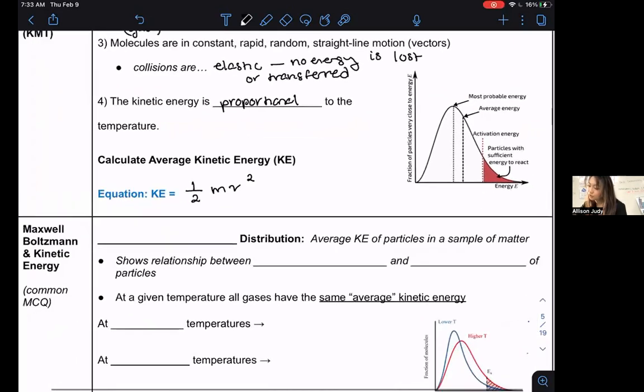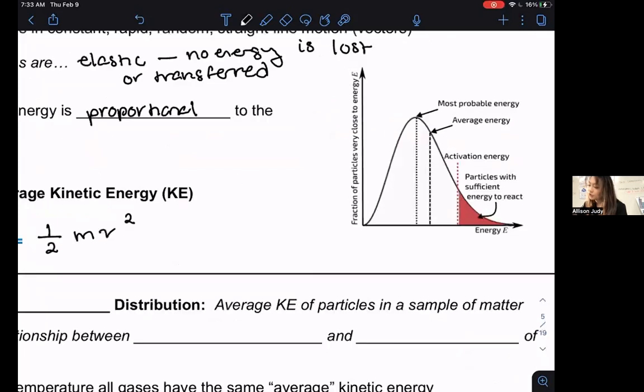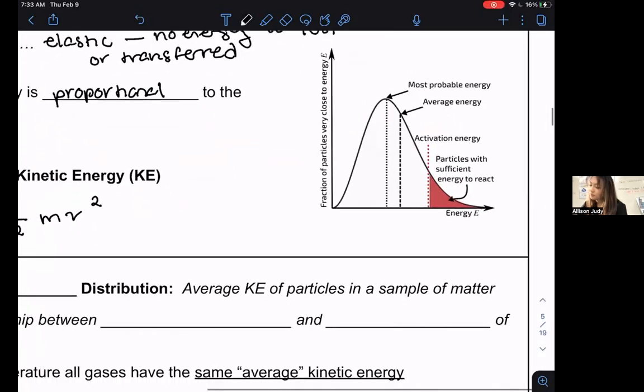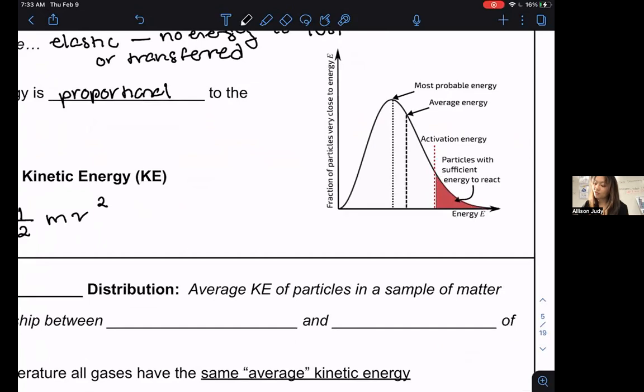We have this distribution curve right here. Let me rephrase that. We have a graph right here, a curve that's kind of like a standard deviation graph, like in calculus or pre-calculus, where we have kinetic energy on the x and percent of particles that demonstrate that energy on the y.